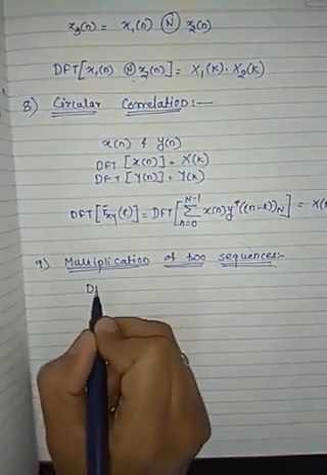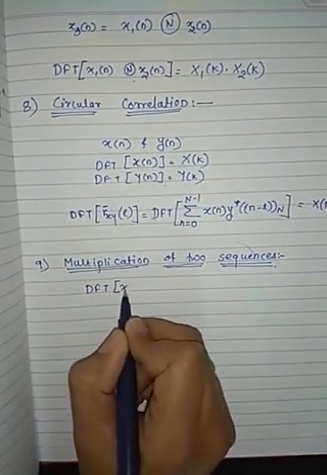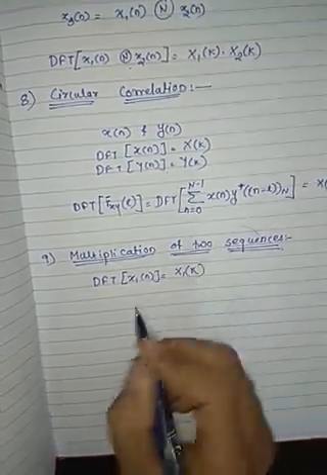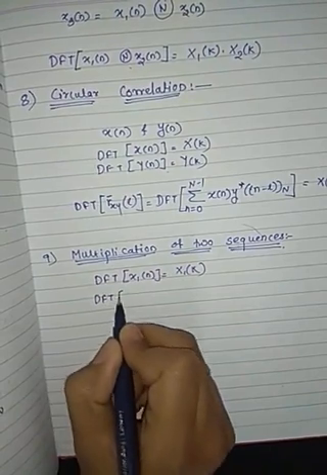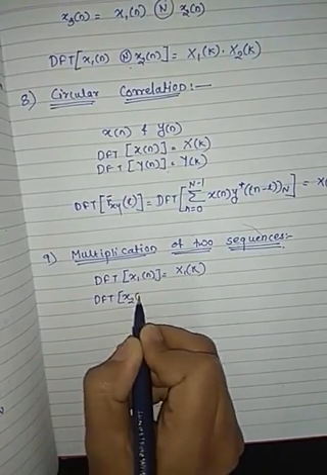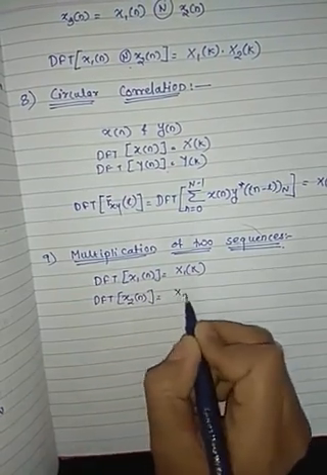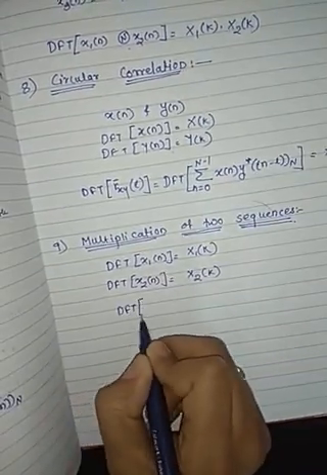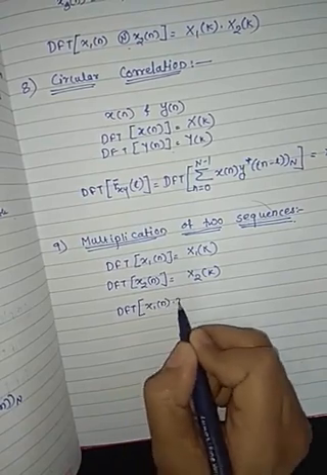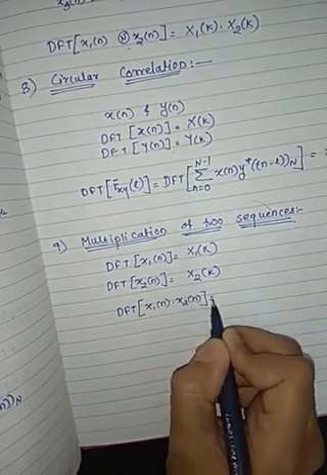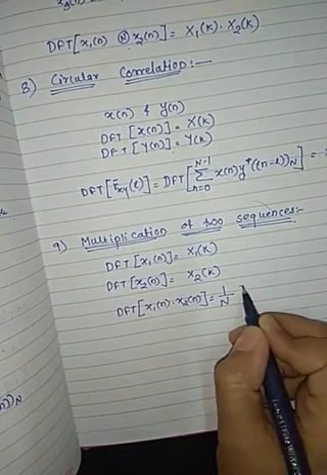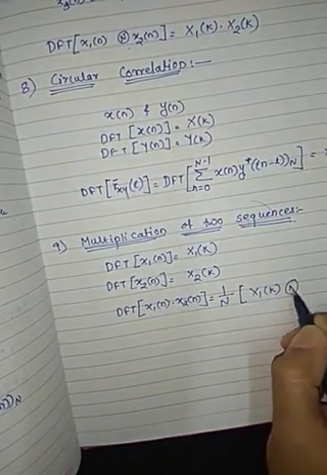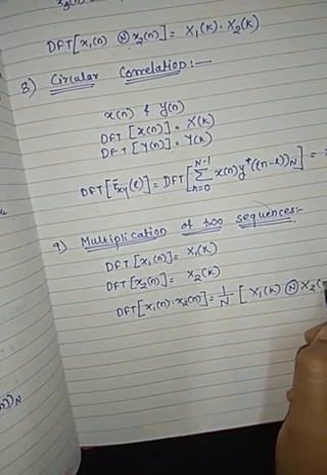This property states that if the DFT of x1 of n is X1 of k and the DFT of x2 of n is X2 of k, then the DFT of x1 of n multiplied by x2 of n is equivalent to 1 upon N into X1 of k circular convolution with X2 of k.